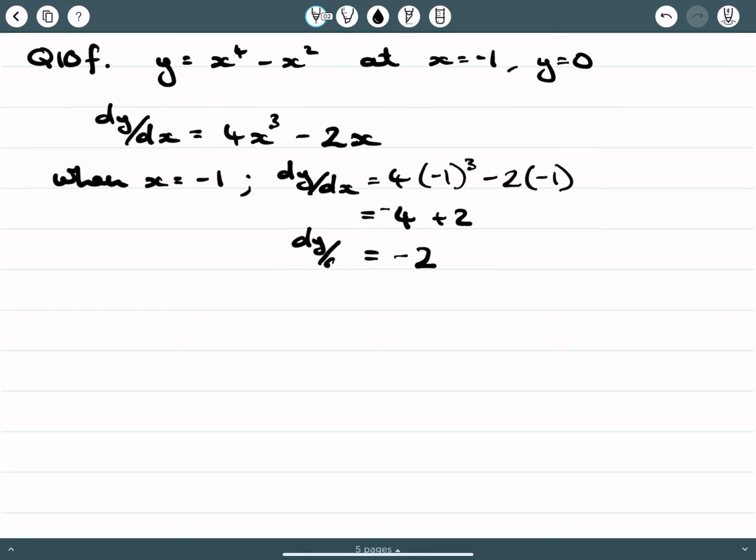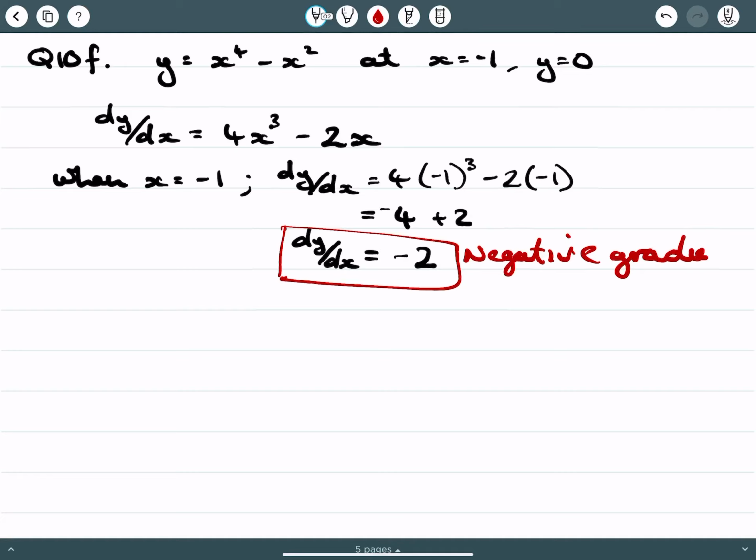Now, I've selected this question purposefully because I want to hone in on how we deal when we have a negative gradient. So we want to think about that when we have a negative gradient.